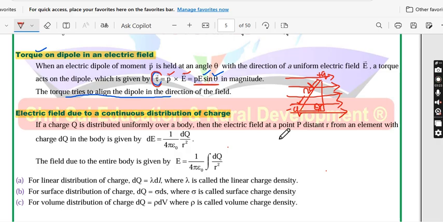In the direction of electric field E bar, the force acting on the plus Q charge is Q into electric field E bar. In the same way, the force acting on the minus charge, towards this side, is minus Q into E bar.